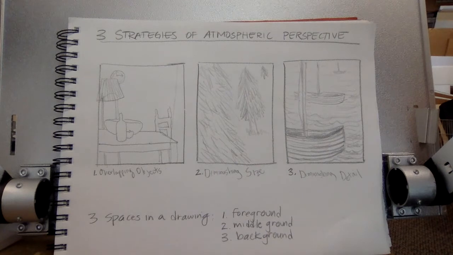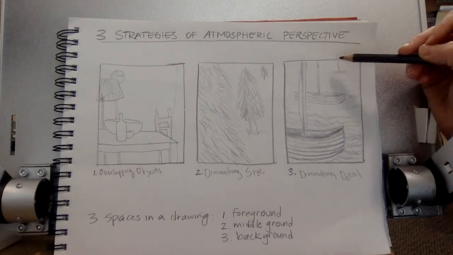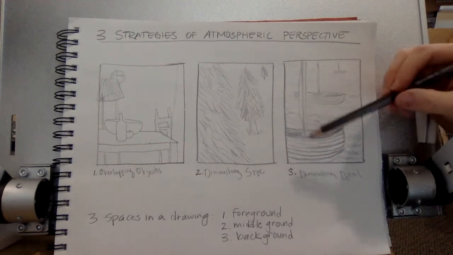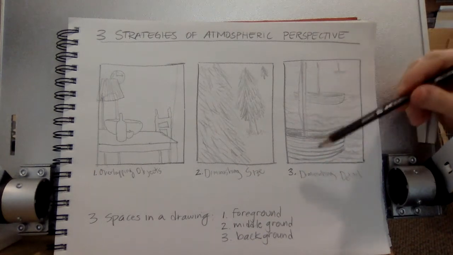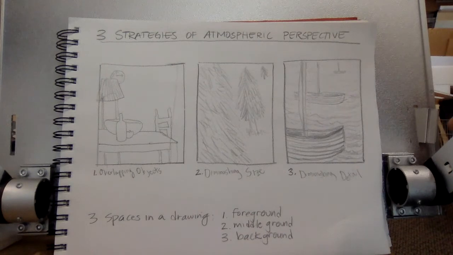Now there's another strategy for creating the illusion of depth and space that I haven't talked about yet, and that is making a shift in value from foreground to background. So when you think of the 3 spaces or the objects in the 3 spaces, as long as there's a shift of value from front to back or from back to front, then it actually enhances the illusion of depth of space.